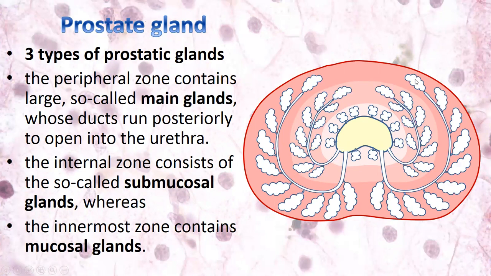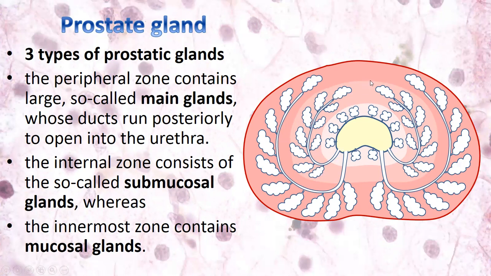The peripheral region of the prostate contains the so-called main glands. They are the largest, and their ducts run posteriorly and open into the urethra. So the main glands of the prostate have the biggest volume.